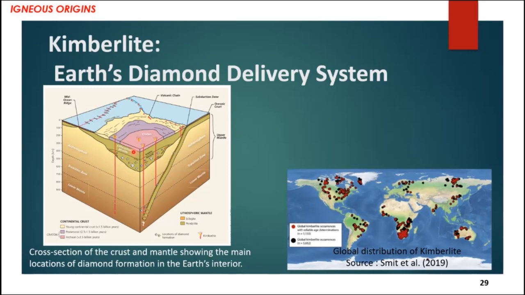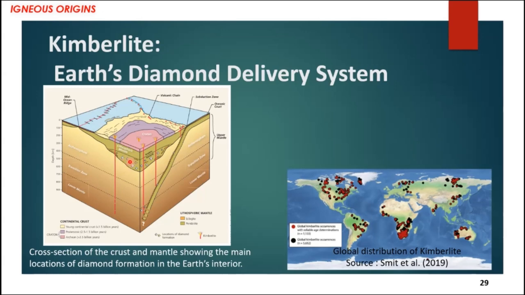Lithospheric mantle means the mantle section of the lithosphere. Here the temperature and pressure conditions are especially suitable for formation of diamond in the presence of carbon. Diamond cannot be produced everywhere, but in the presence of carbon and some other factors, such as reducing conditions, there are different factors that affect diamond crystallization.